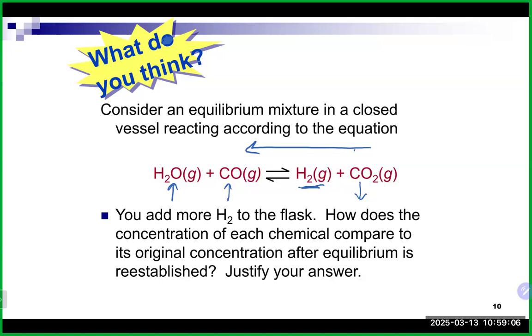And much like we saw in the first one, the H2 will go up, but ultimately it's going to come back down. It just goes up because you artificially added it. But the overall trend for it will go back down, because H2 and CO2 are both needed to cause that reverse reaction to occur.